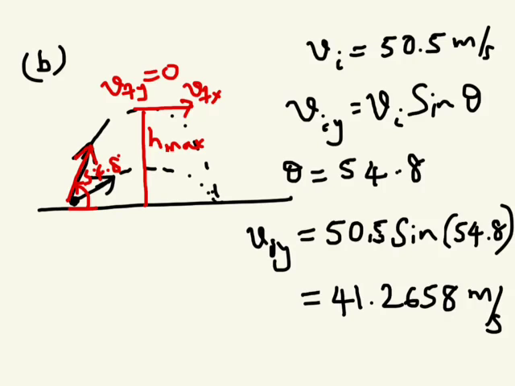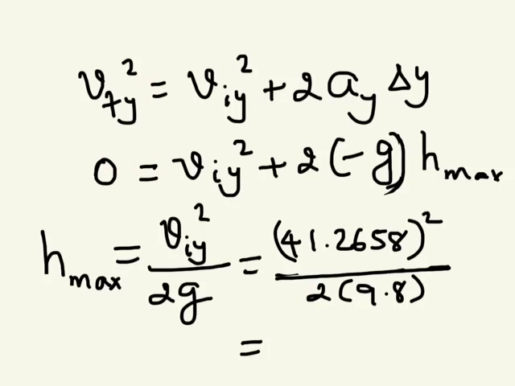So this is the problem we are looking at, and how high it goes depends on how much the y component, viy, is in the beginning, right? So given the velocity vi, the initial speed, you can get the vertical component. It's vi sine theta, and with the theta in there, we see that the y component is 41 point something meters per second.